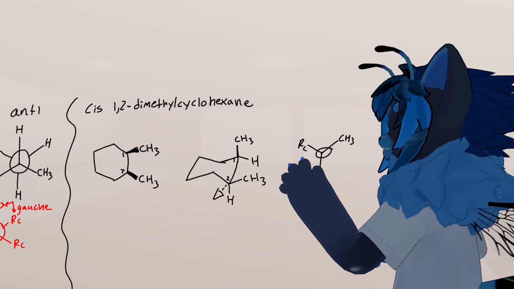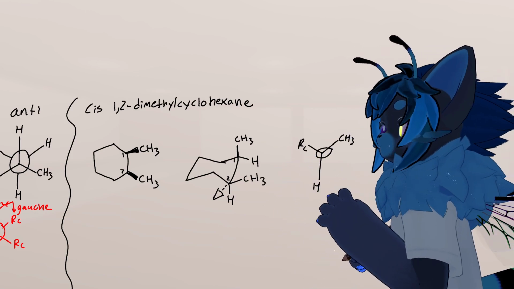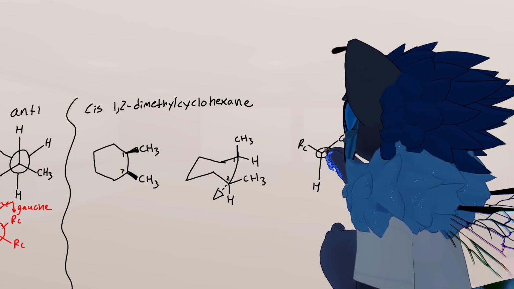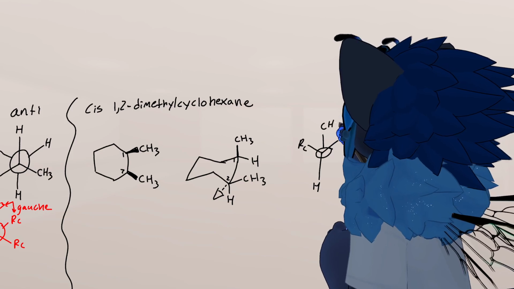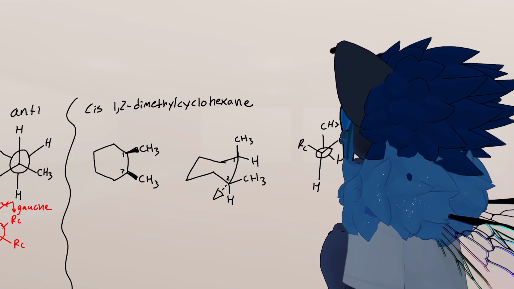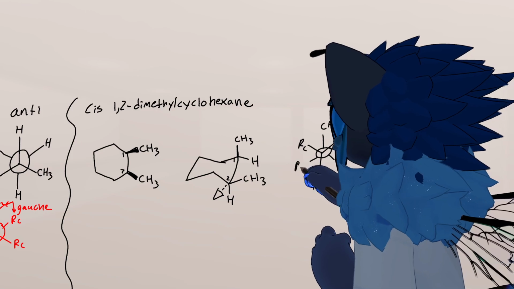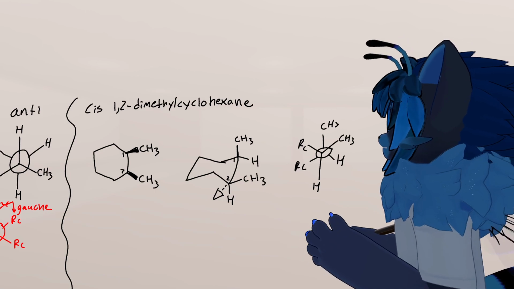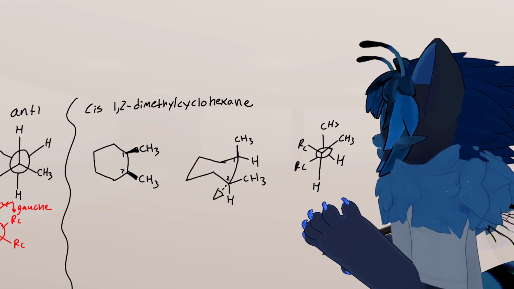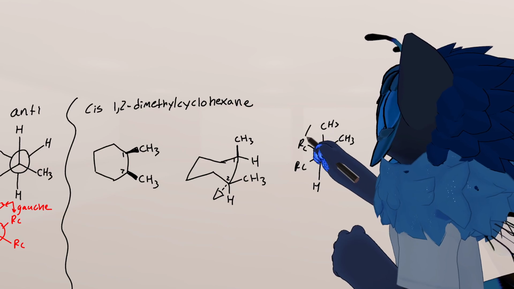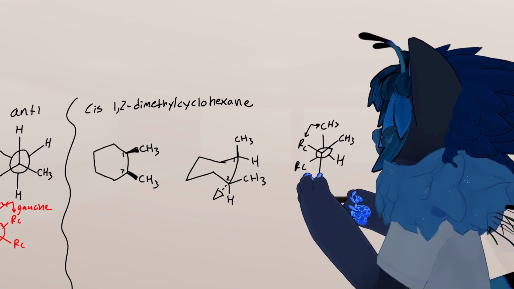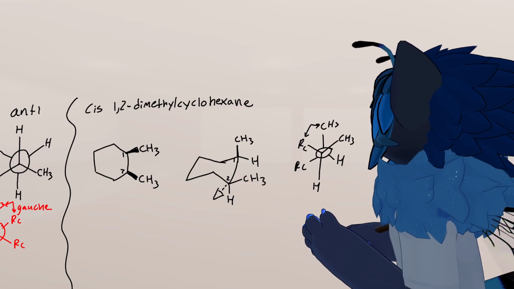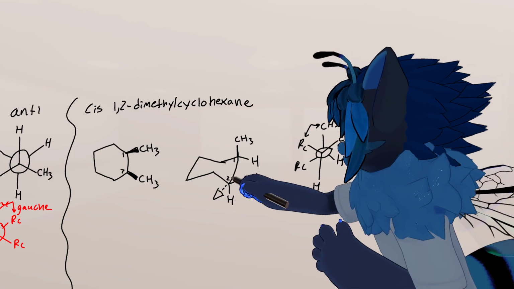Look on a little circle. If you look on carbon 1, our methyl is pointing up. Hydrogen is pointing down. And we have our ring carbon. Okay. So now we've got to look for gauche interactions. What's 60 degrees to each other? Well, the methyl on 1 is gauche to the ring carbon, this ring carbon specifically.